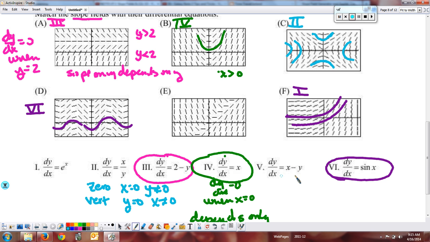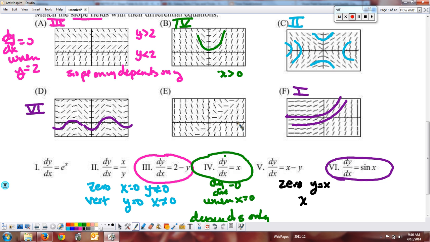But just to talk about this, you'll notice that here you have 0 slopes on this diagonal. And when would your slope be 0 for this? It would be 0 when y equals x. Oh, that's your y equals x line. So you can see that right there. And then you can play around with also paying attention to when x is bigger than y.